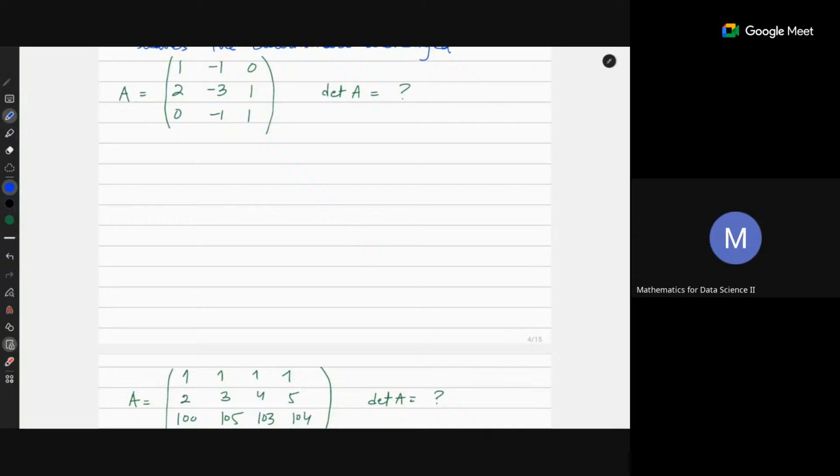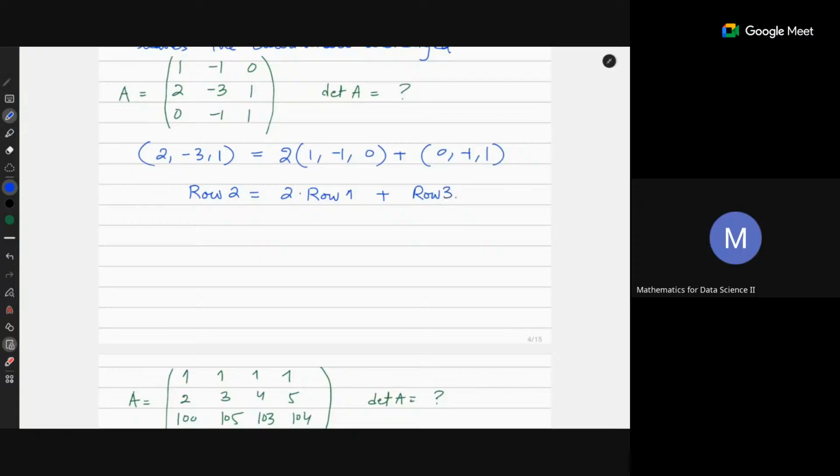In particular, you can write this row vector as twice the first row plus the third row. So R2 is 2 times row 1 plus 1 times row 3.